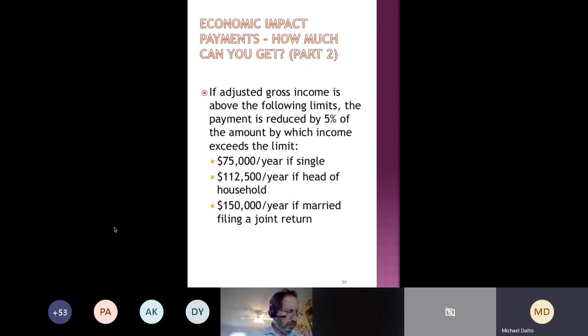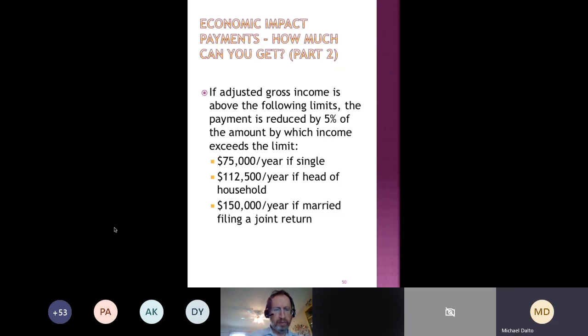If they're a head of household, which means they're single but they have dependents, if their income is under $112,500 a year, they'll get the full $1,200 plus the extra $500 for each qualifying child. And if they're married and they're filing a joint tax return, if their taxable income is under $150,000 a year, they'll get the whole $2,400 plus $500 for each qualifying child.